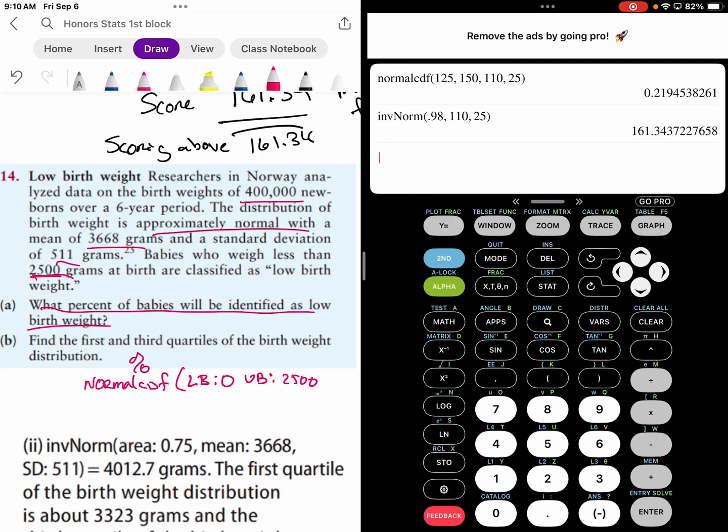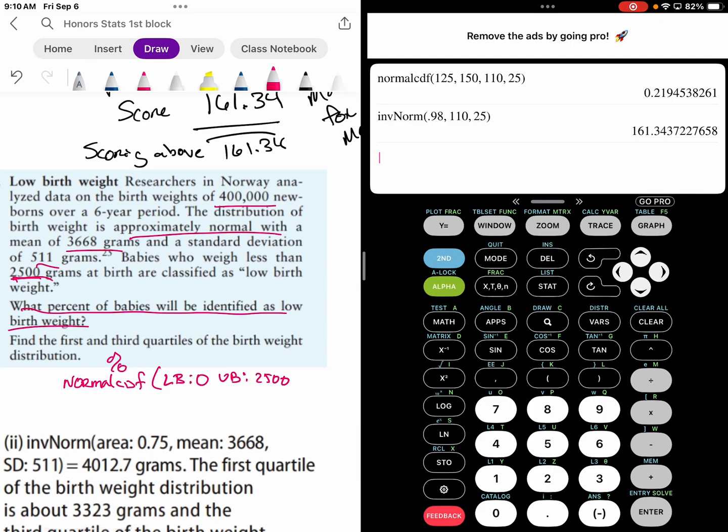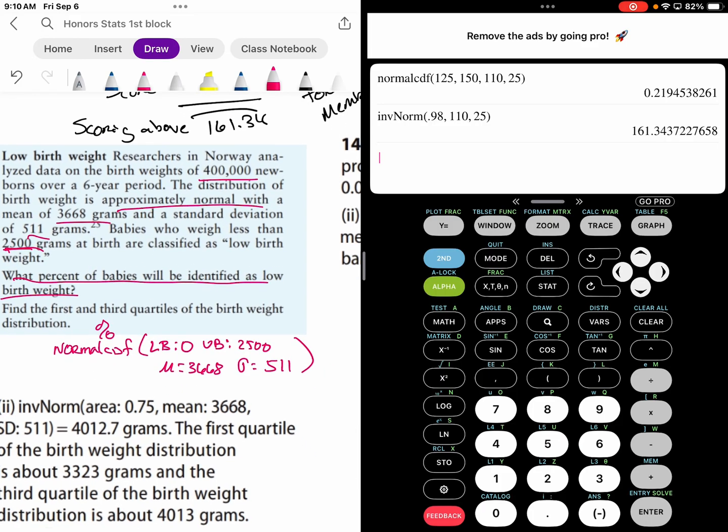I know a baby can't weigh 0, but they also can't be negative, so we're just going to put 0 as the very bottom level. Our mean is 3,668, and our standard deviation is 511.